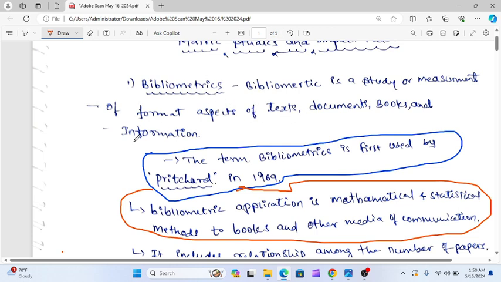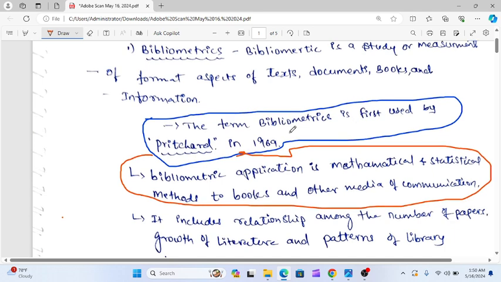Most of the time in UGC NET they ask about the year, and who coined this term.